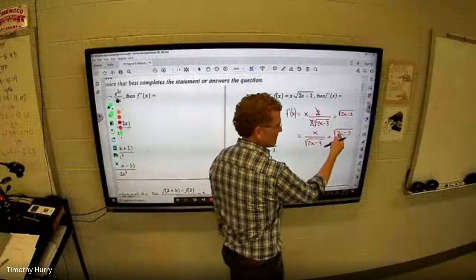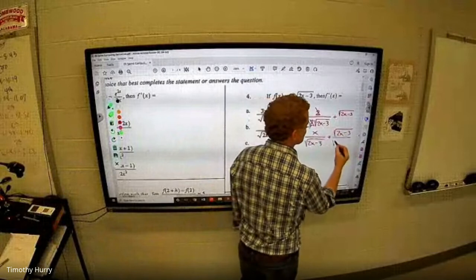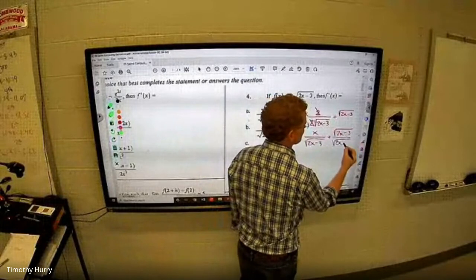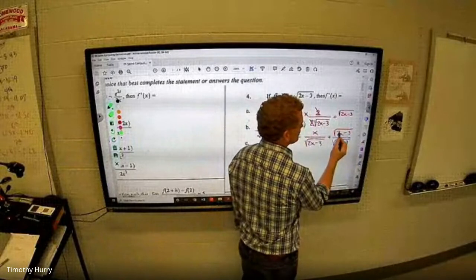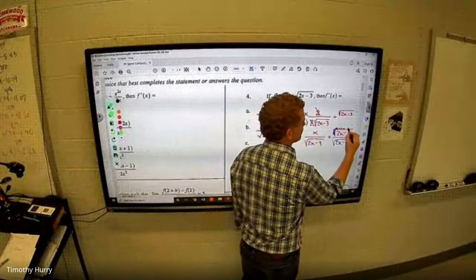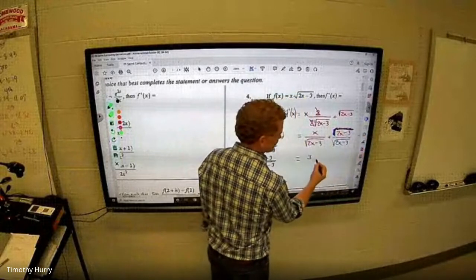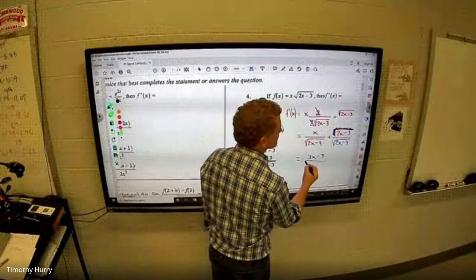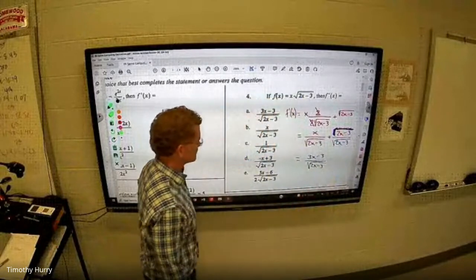Multiply the top and the bottom by root 2x minus 3 under the radical, which would give me a root 2x minus 3 under the radical on the bottom. And what does that give me on the top? That would make the radical go away and give me a regular 2x minus 3. So at the end of the day, I get a 3x minus 3 over a root 2x minus 3.